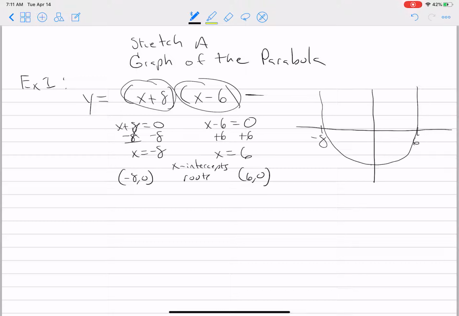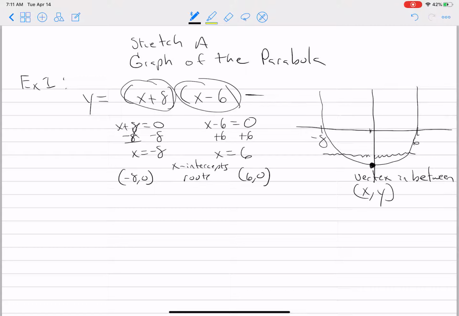The vertex is about right here, and it is halfway between each of those. Notice, the vertex is in between. So we're going to use that information to figure out the vertex. Remember, the vertex has 2 points. It has an x and a y coordinate.